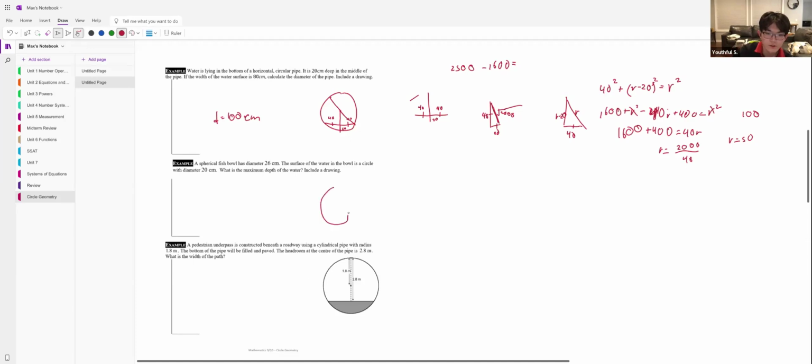So we have a circular fishbowl. The surface of the water has diameter 20, and the diameter of the fishbowl is 26.